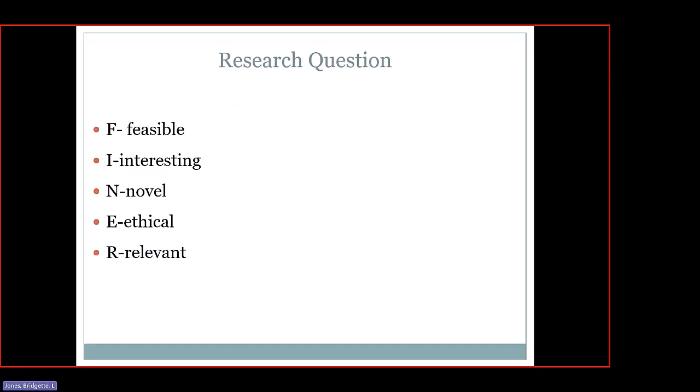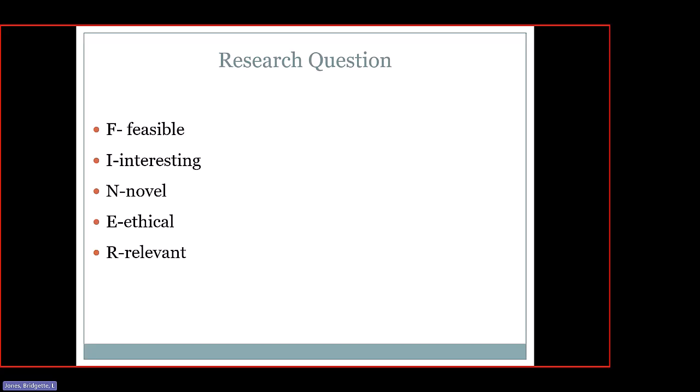So that gets at this mnemonic that is used to describe what type of research question you want to develop. You want it to be feasible, so something that you can actually answer. It should be interesting. So again, interesting to you and likely interesting to others. So when you're talking to others about your research question, it'd be something that people say, oh yeah, I think that's worth answering.